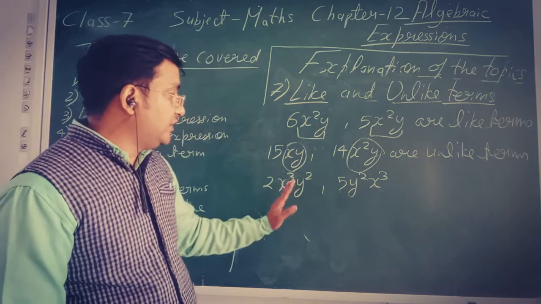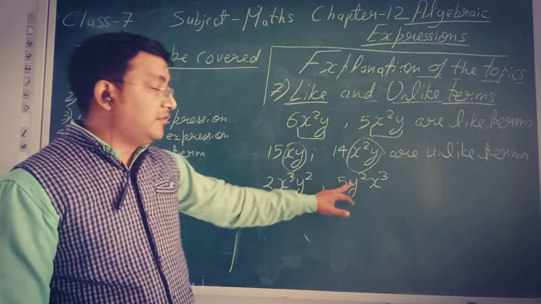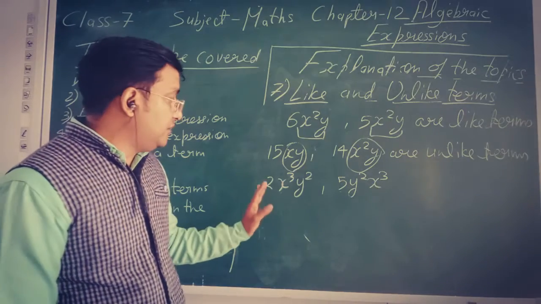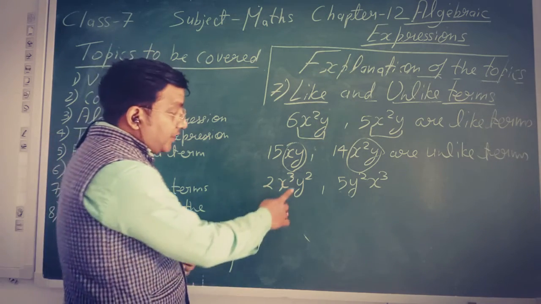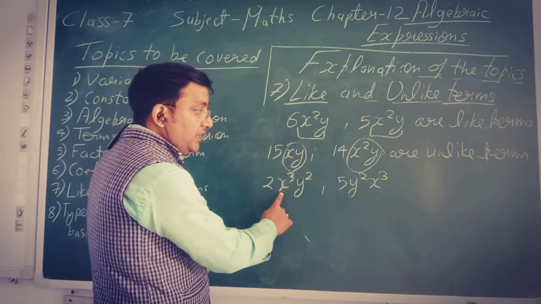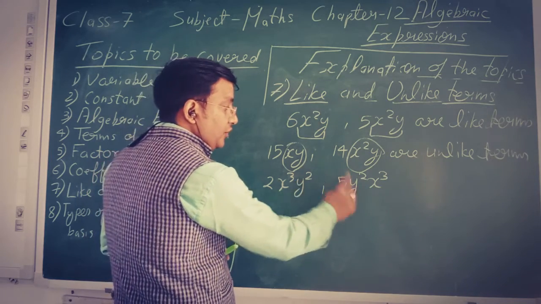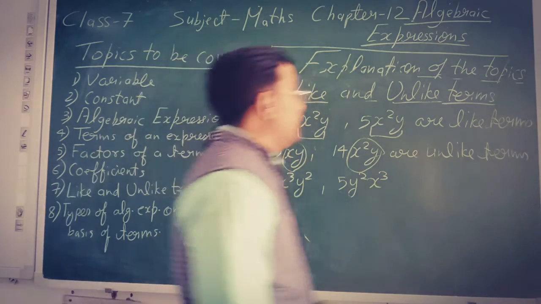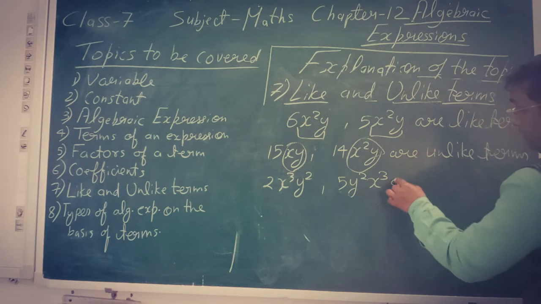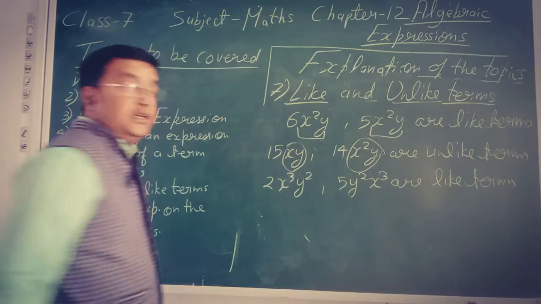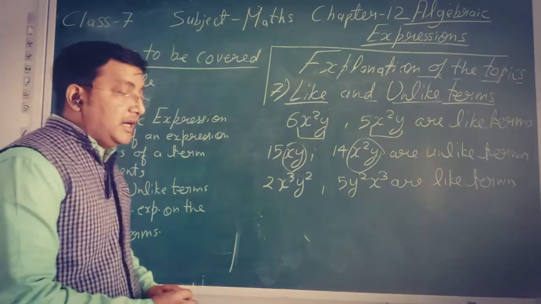Although the difference is that y square has come first here and second there. That doesn't matter. So x to the power 3 and y square are on both sides, so we say that they are like terms. So this is the concept of like terms and unlike terms.